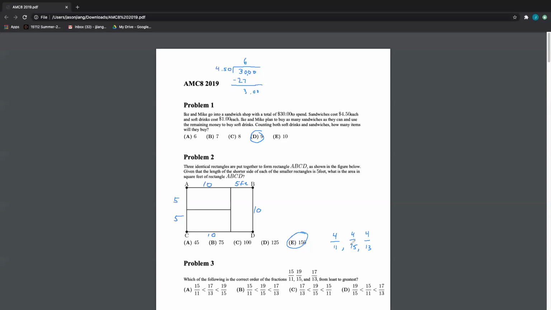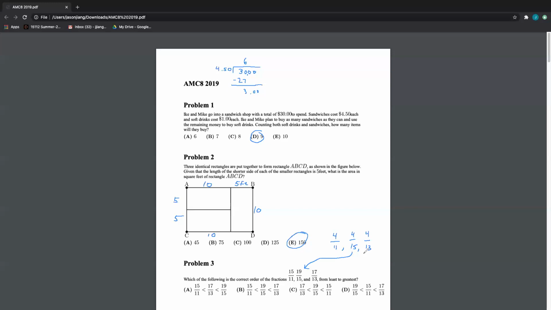The one with the largest denominator is going to be the smallest fraction because we split the whole into the most number of pieces. And since we're taking the same number of pieces for each one, the one with the smallest individual piece is going to be the smallest one. So that means that 4/15 is the smallest, which corresponds with 19 over 15.